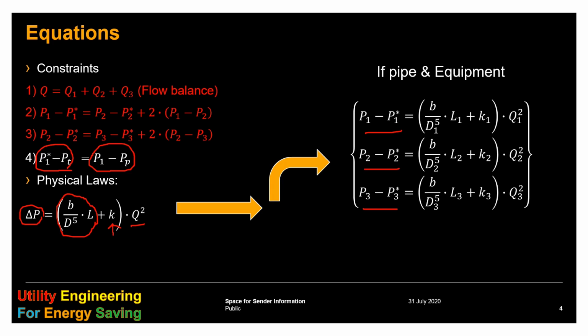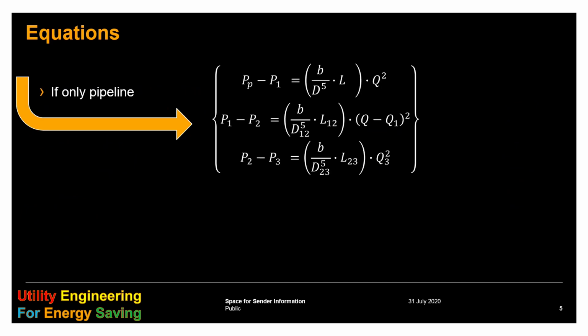So for the pipe branch P1, P1 star, P2, P2 star, P3, P3 star, which are the pipe branches across each user with the corresponding flows which are unknown, Q1, Q2, and Q3. If there is only a pipeline, then the second term with the K does not take place. This formula is something simpler. In this case, we have those expressions for the pipe branches before each user.